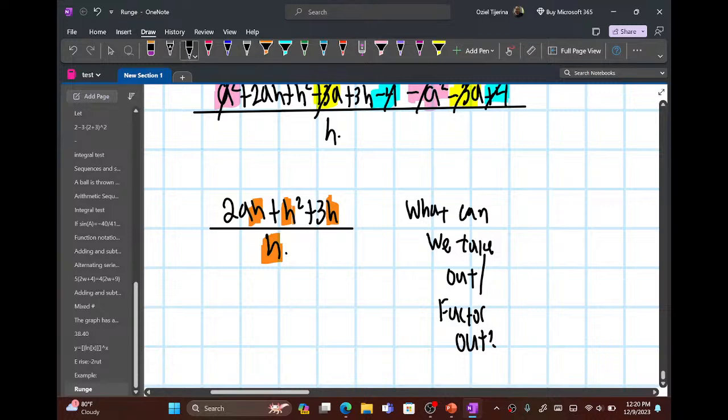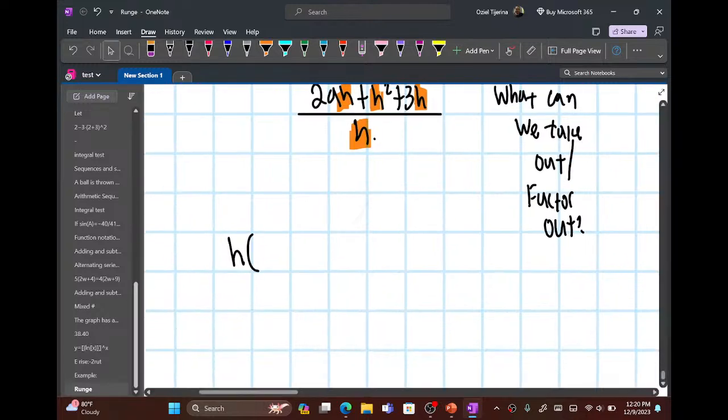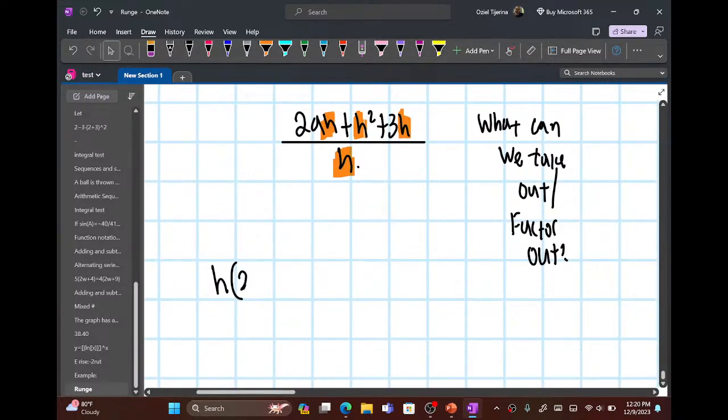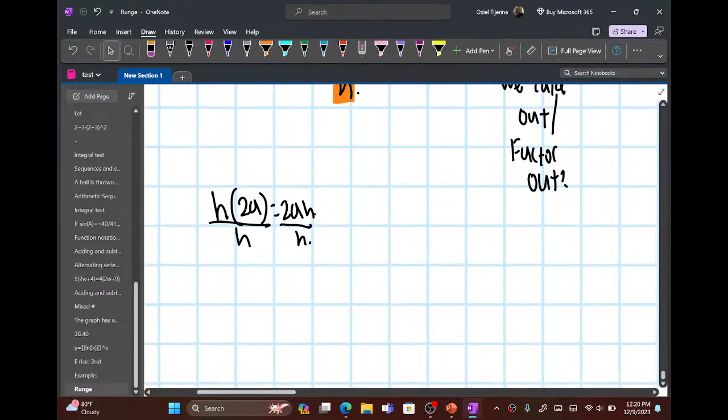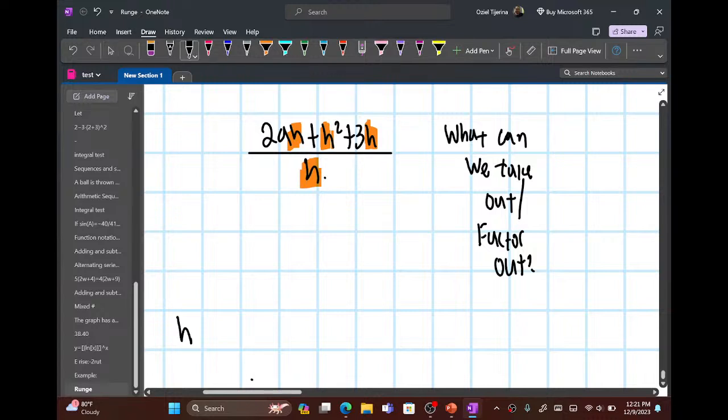We're going to factor that out, but you want to be careful. When I take out the h, h times 2a is 2ah. That's because if I divide by h, well, 2a is equal to 2a, right? So I'm going to say that this is h times the quantity 2a.